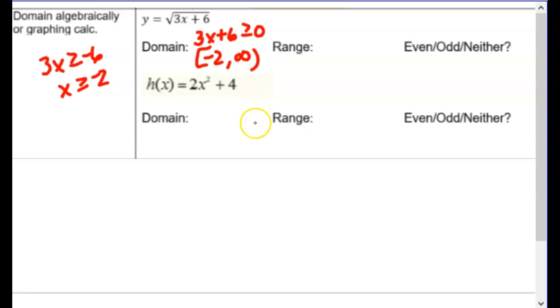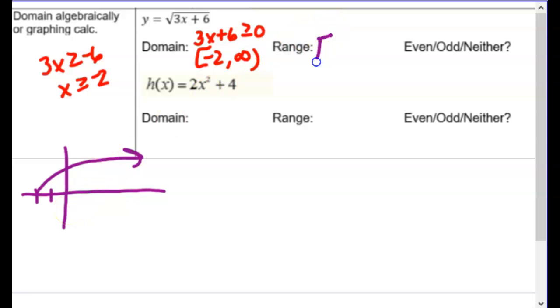Okay, and what can come out of a radical? It's okay to graph it. It's going to look like this. So what kind of y values are coming out of that? Yeah, positive, or 0 to infinity. Even, odd, or neither.